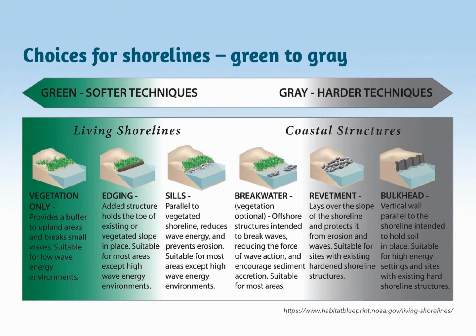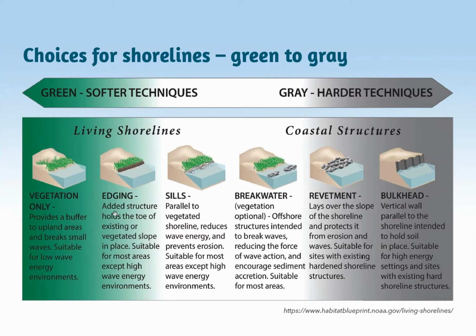So for example, if you had a really high energy coastline where, say, vegetation only or even vegetation plus an oyster reef wouldn't work, then you're going to need something else. There are hybrid systems, but I can't go too deeply in the time that we have into the use for each one of these. But I will say, if you look at the left side of this, low energy environments can use this vegetation only sort of living shoreline.